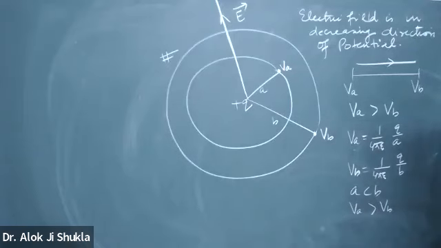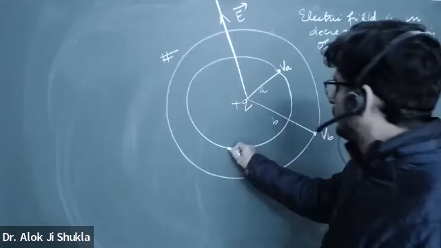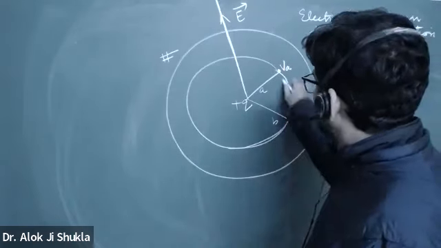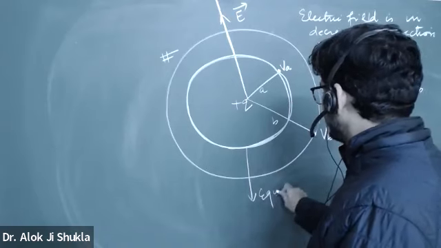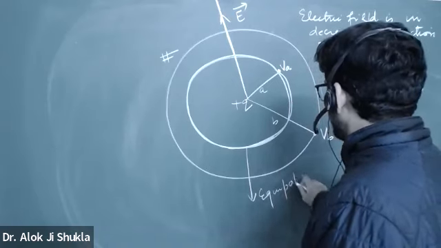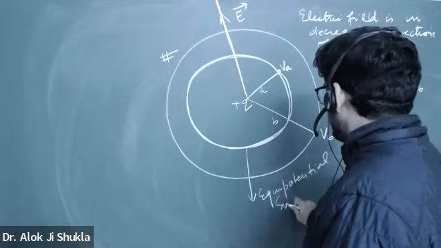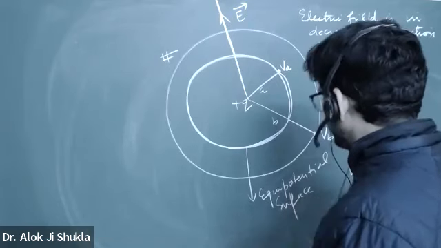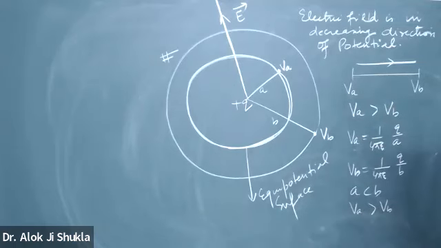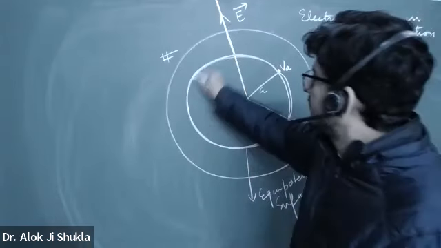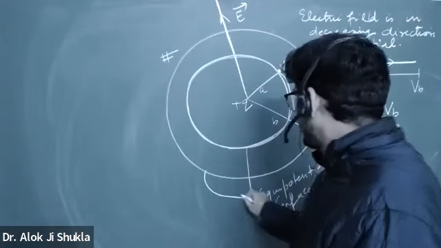So is this clear? So on this whole surface there is the same potential. This is called an equipotential surface, because this whole surface carries the same potential. So this is one equipotential surface and this is another equipotential surface.